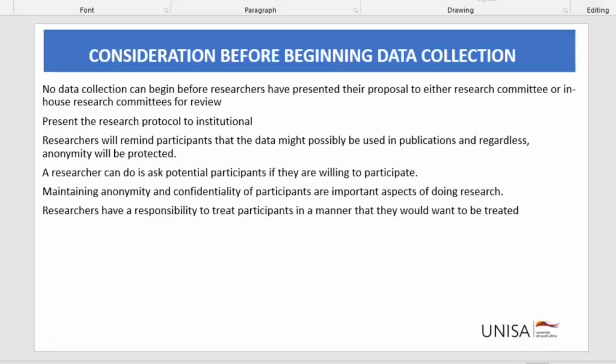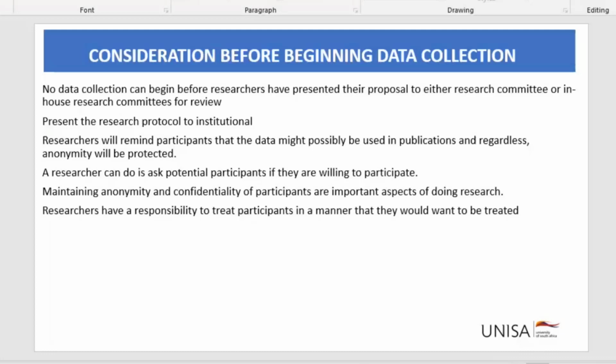Such research protocols are institutional. Your institution will have its own protocol, and if you go to another institution elsewhere, they may also have their own protocol. So it's not the same.